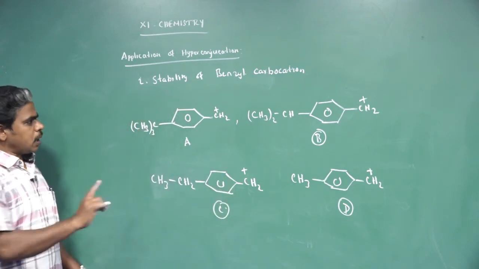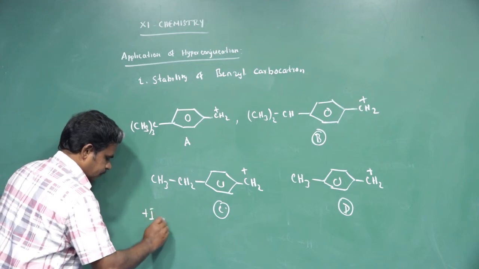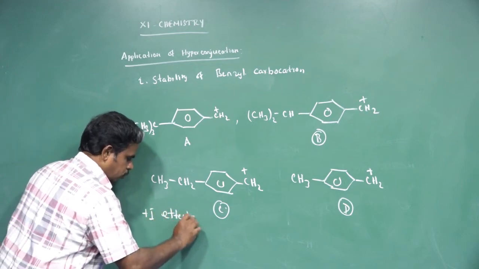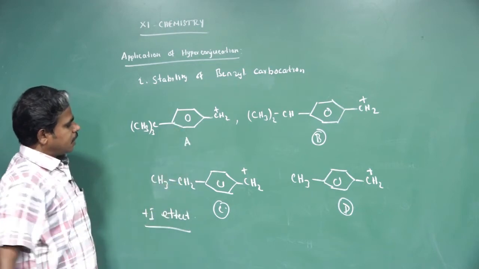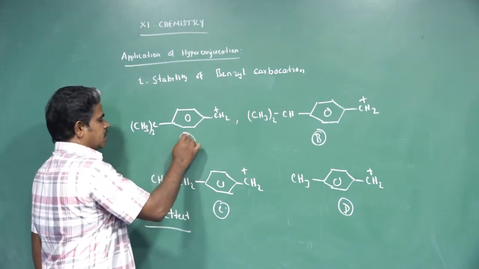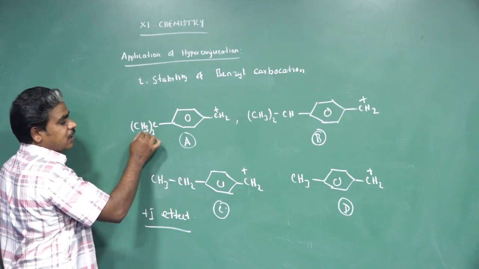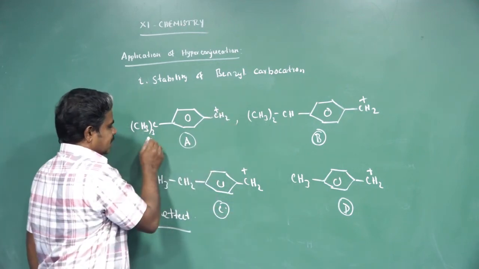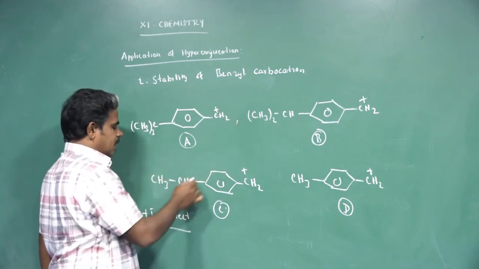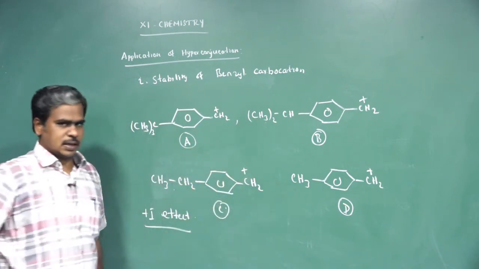Now, according to the plus I effect, we may compare all those A, B, C, D. The greater the plus I effect, the more stable: tertiary, then secondary, then primary, then methyl.